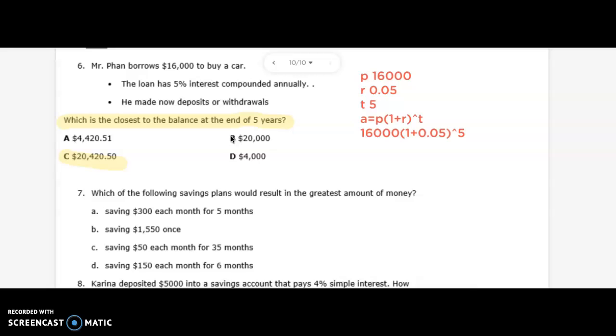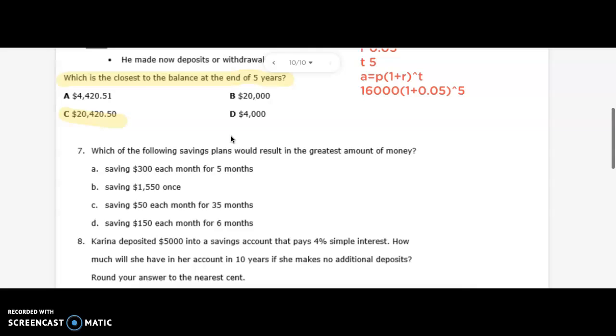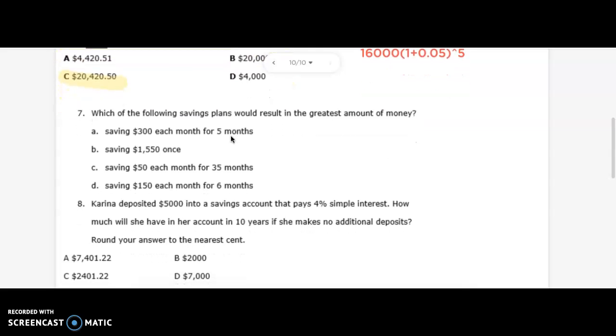Okay. All right. So now, which one of the following saving plans results in the greatest amount of money? All right. So with these types of problems, all you're doing is you're taking the amount of money and multiplying it by how long it's being saved. So this first one is basically 300 times 5.